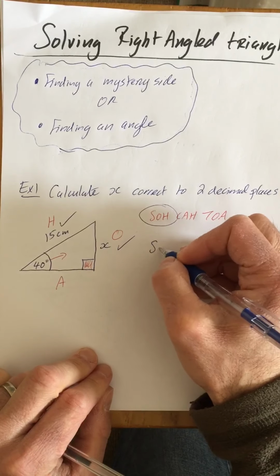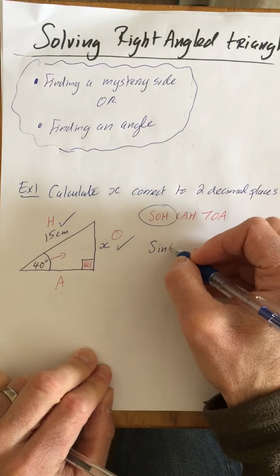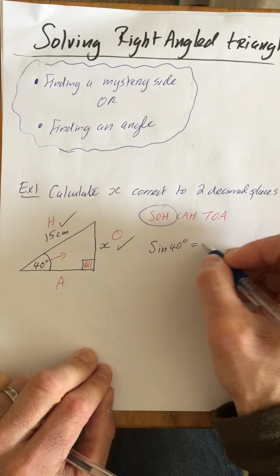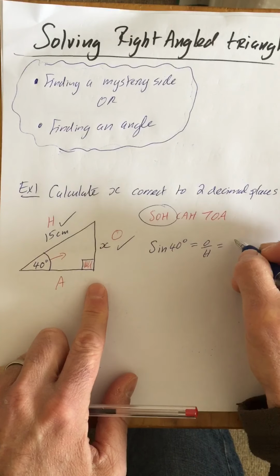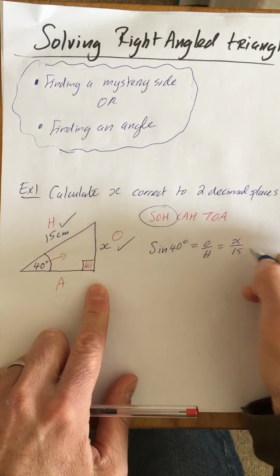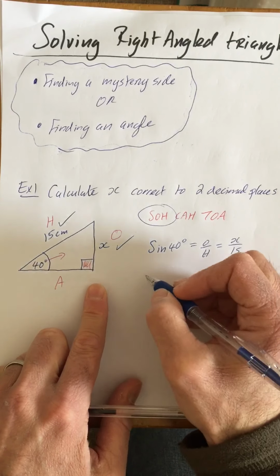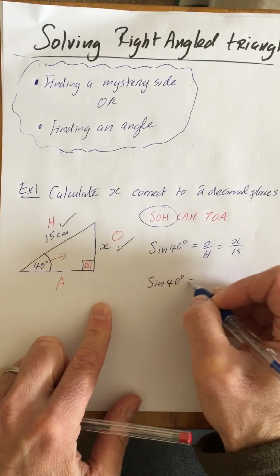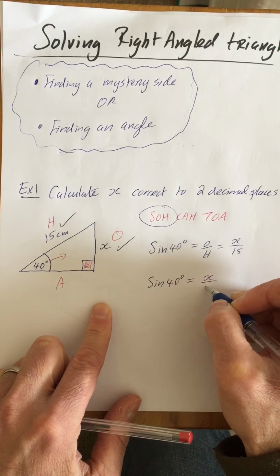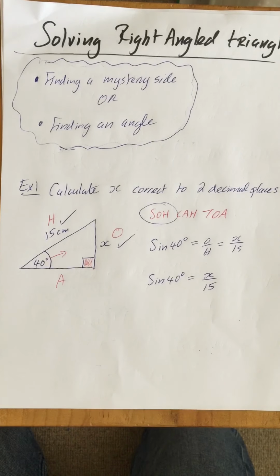We write sine of 40 degrees equals O over H, which in our picture is x over 15. I'm going to write this out again a little neater: sine of 40 degrees is x over 15.